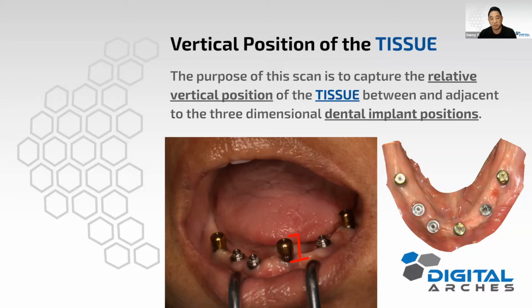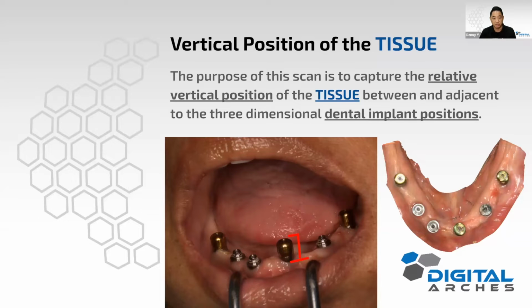So wherever those implants are being placed, you want to make sure you're able to capture how much tissue is rising above or rising next to the multi-unit positions or the implants, so that when you're designing the prosthesis, you can design a nice convex, ideally, or flat surface, so that it could be a very ideal and clean surface for that patient. So it won't trap food and other particles in there.